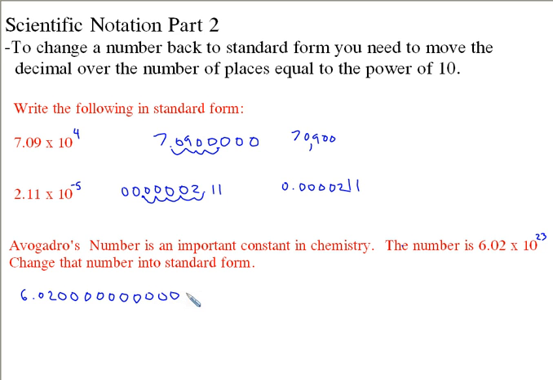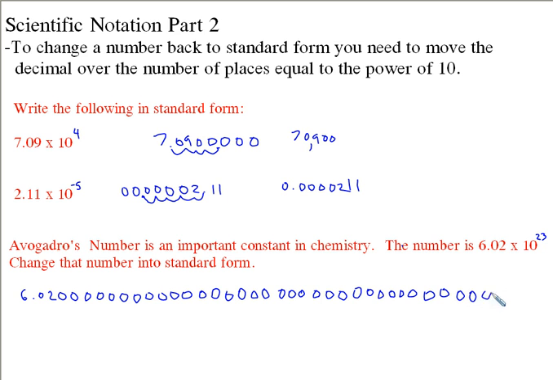And this really drives home that point of why scientific notation is useful, because you can represent this number in a lot smaller space than you need to if you go ahead and write it out the way that I'm doing right now.